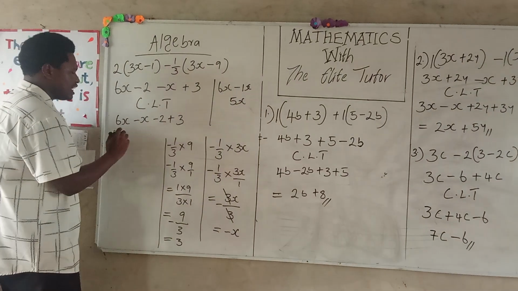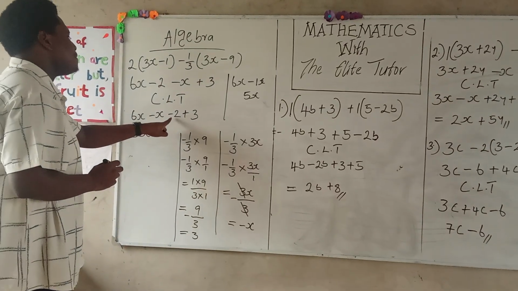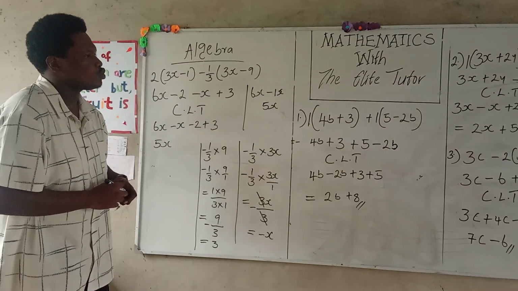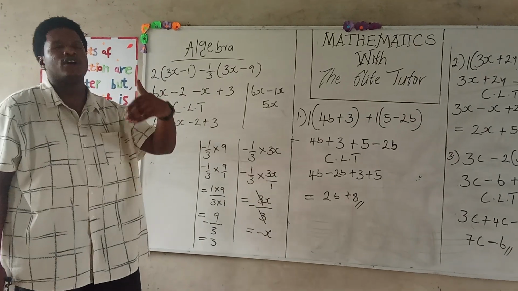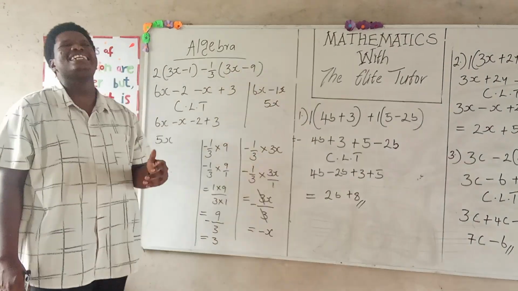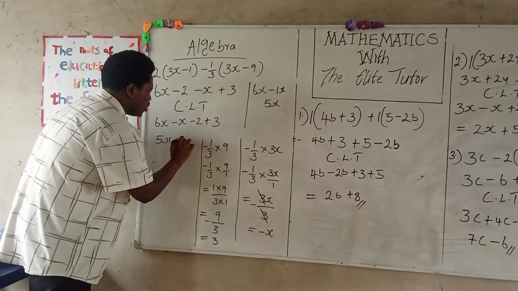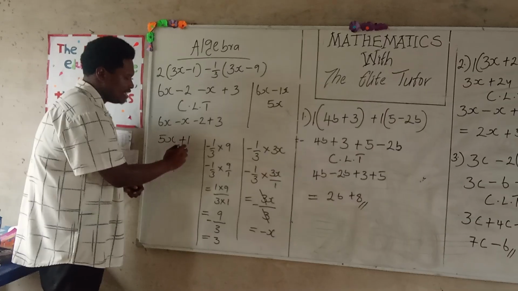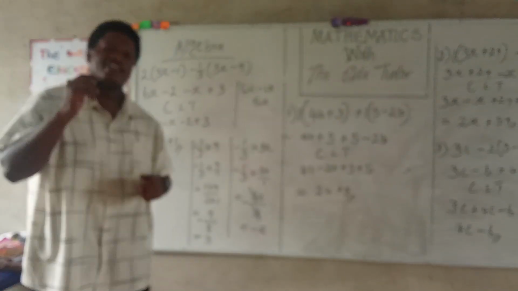So 6x minus x, we have 5x. And we have minus 2 plus 3. You are owing $2 and you have $3. How much will be left will be plus 1. And we are going to end at this. This will be our final answer, because it cannot be further simplified. Thank you very much.